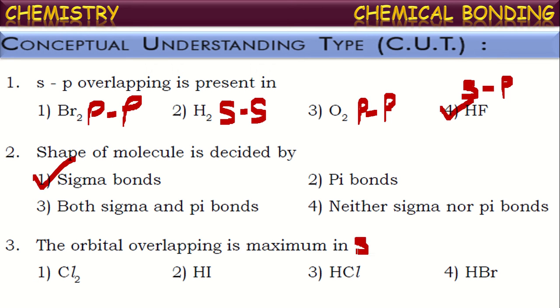So the order can be shown like this: ss overlapping is somewhat less than sp overlapping, which is somewhat less than pp overlapping. So p orbitals overlap or merge into each other to a greater extent. So we can say pp overlapping is maximum compared to the remaining.